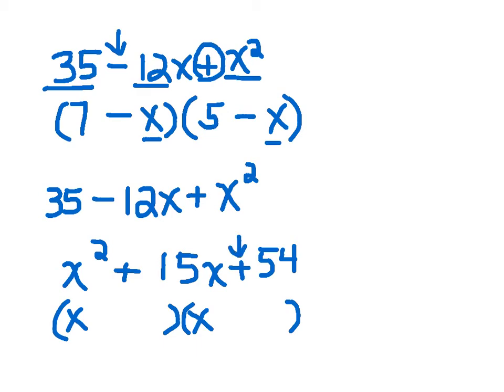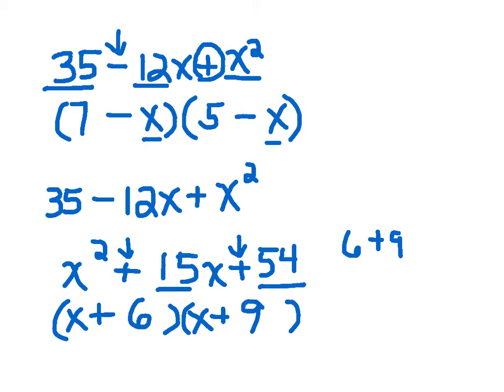This sign tells me they're the same. This tells me they are both positive. I'm looking for numbers that multiply to 54 and add to 15. I did this by accident, but 6 times 9 is 54, and 6 plus 9 is 15. Okay, just more practice. See if I can make up a better problem to talk about.